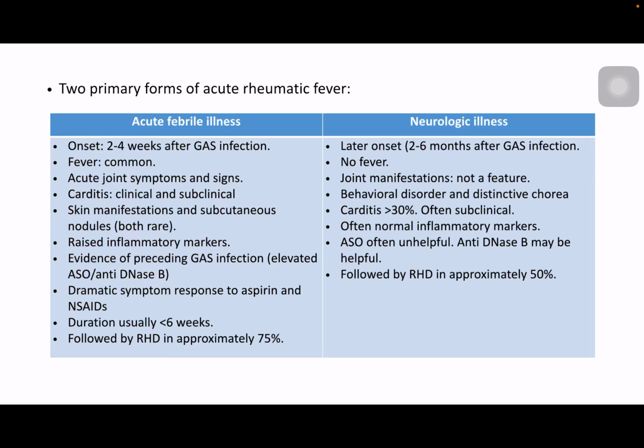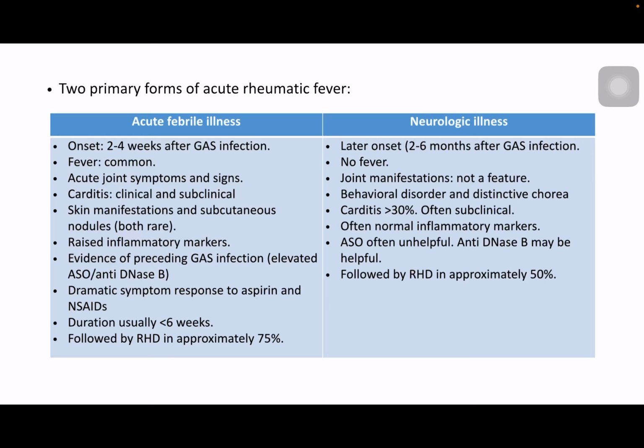We all know the treatment for the joint manifestation, the arthritis secondary to rheumatic fever, is aspirin and NSAIDs, so the joint pain tends to relieve with them. Duration is less than 6 weeks, followed by rheumatic heart disease in approximately 75% of patients.